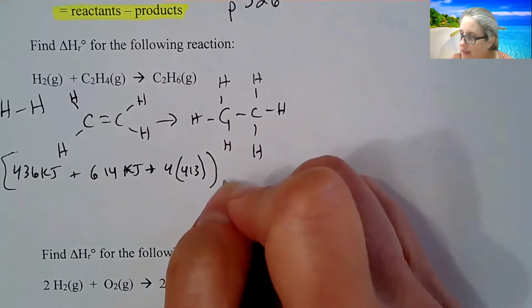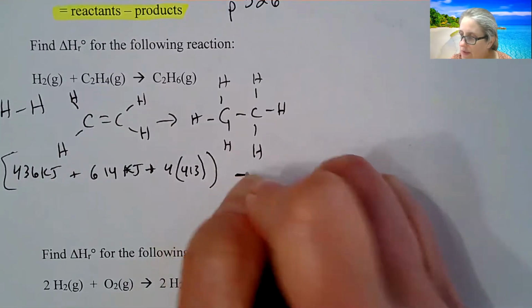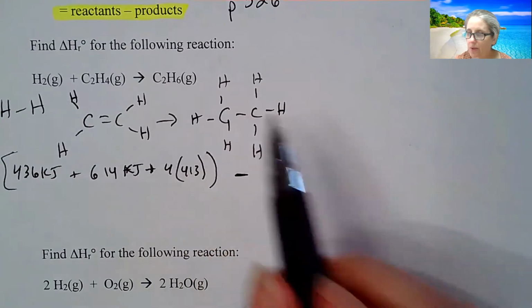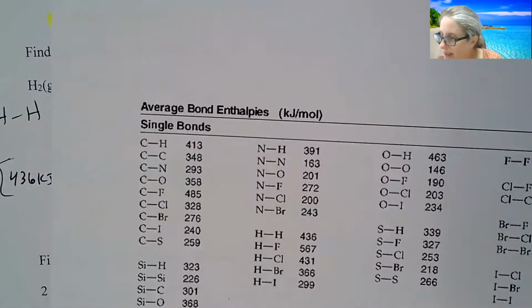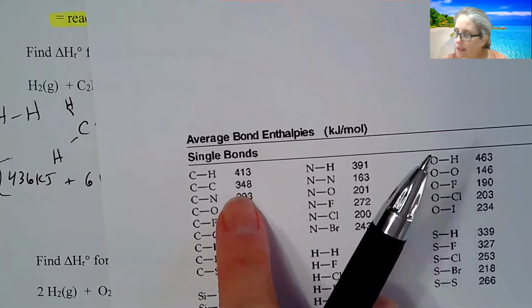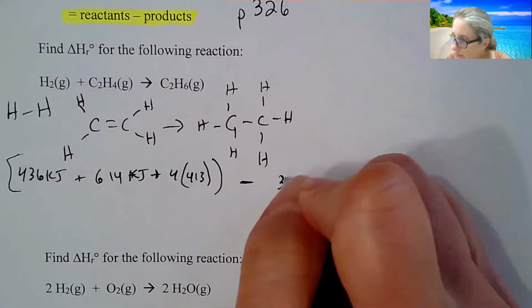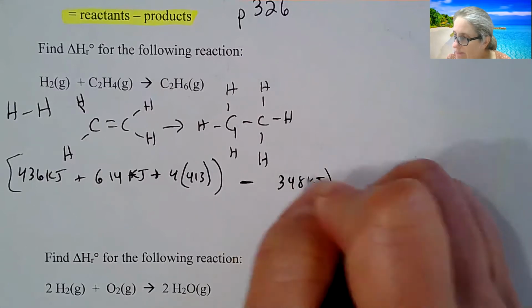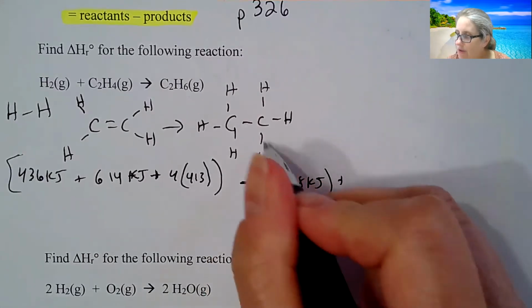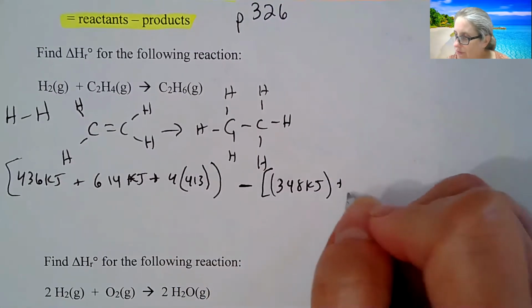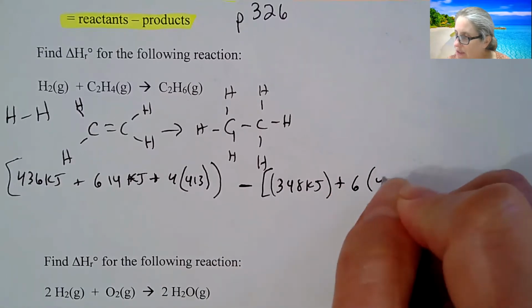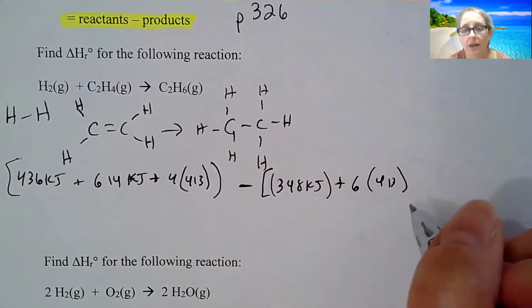Then I subtract what's on the product side. The product side has a carbon to carbon bond, which is 348. Plus I have the carbon to hydrogen bonds, which I had over here, but I have 6 of them now, so 6 times 413.